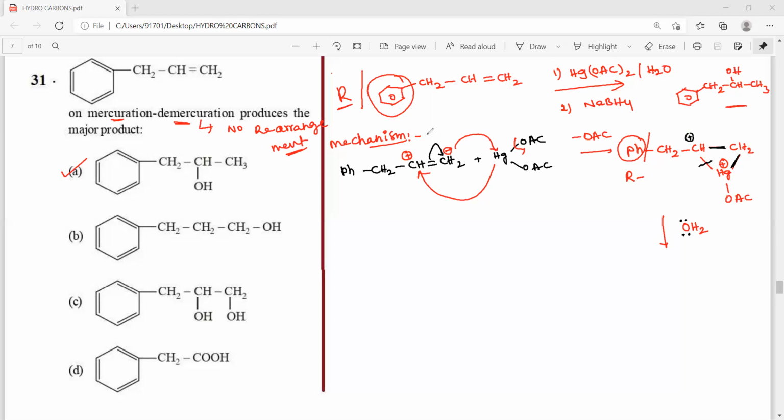There is no rearrangement, but a stable carbocation intermediate forms. Now it produces secondary; if this other bond breaks, it produces primary. That's why the water molecule attacks at the primary carbon and breaks this bond.